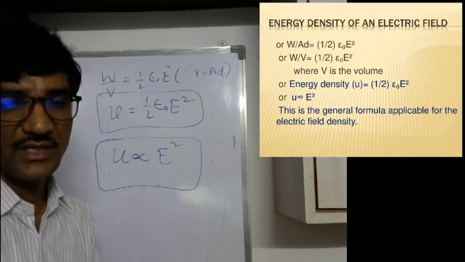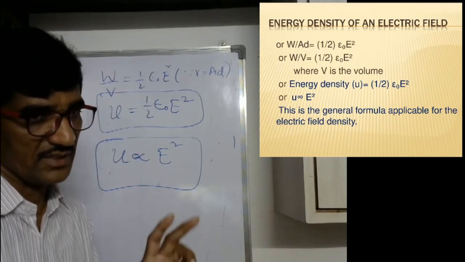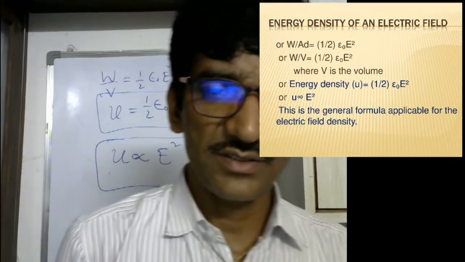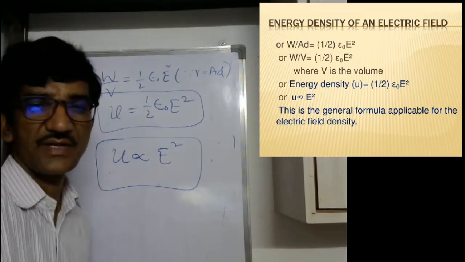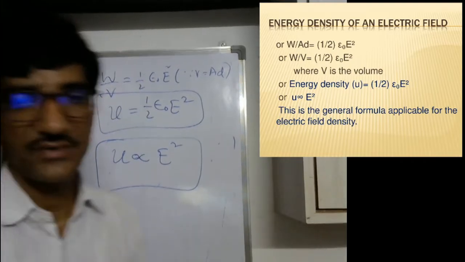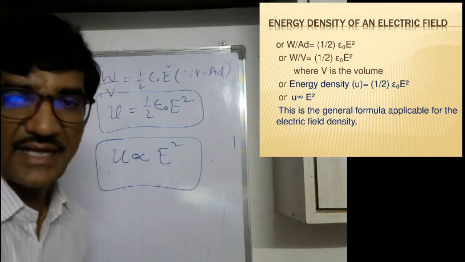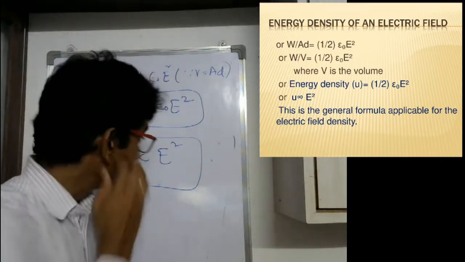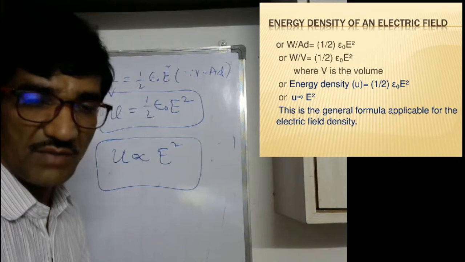Here we are considering a specific case, but whatever we are deriving is a general formula. It is applicable anywhere where the electric field is present. This is about the energy density of the electric field. Very simple and very beautiful formula.